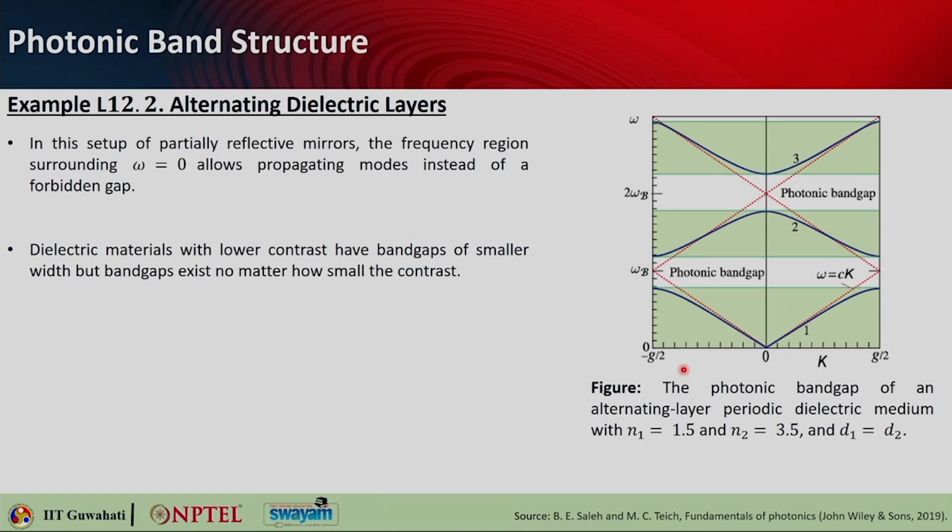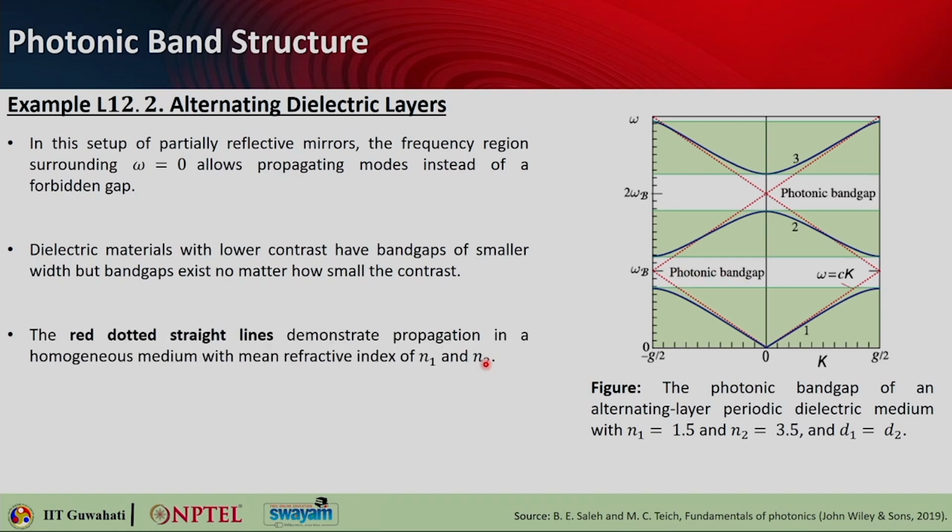So, in this case, there are some propagating modes possible here. Now, dielectric materials with lower contrast will have band gaps of smaller width. Here you see the contrast is really good: n1 is 1.5, n2 is 3.5. Now, if you take two materials where the difference between n1 and n2, delta n, is less, this band gap will also become very narrow.